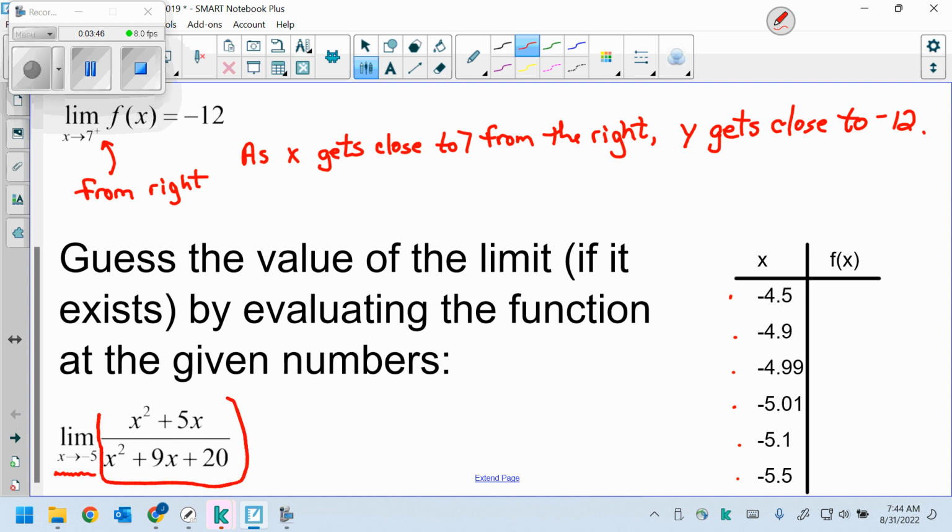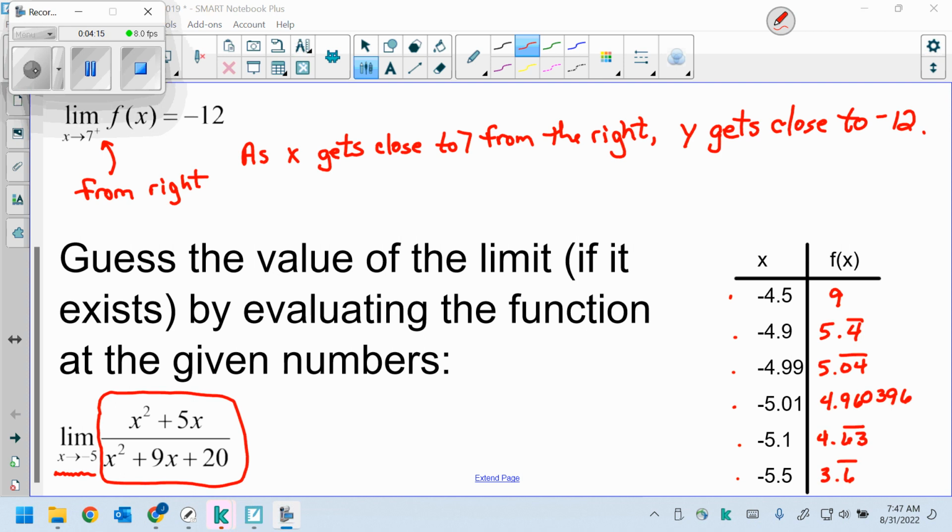Now, if we actually put negative 5 in there, I do believe that we would get 0 over 0. Am I right about that? Yeah. However, we're only getting close to negative 5, so we're going to avoid the whole 0 over 0 thing by only getting close. Plug those numbers in and figure out what the y value is, and then come on back.